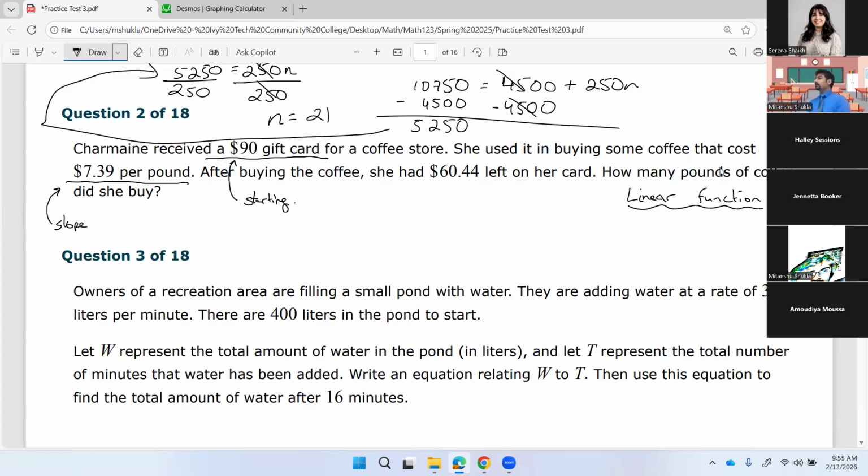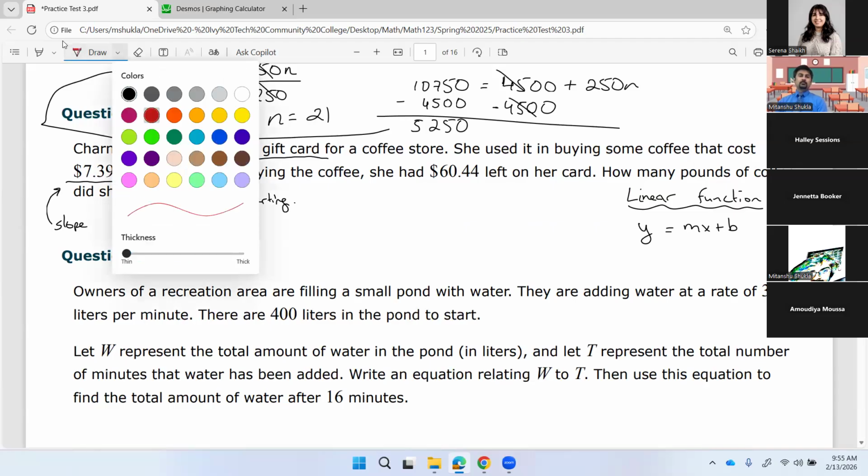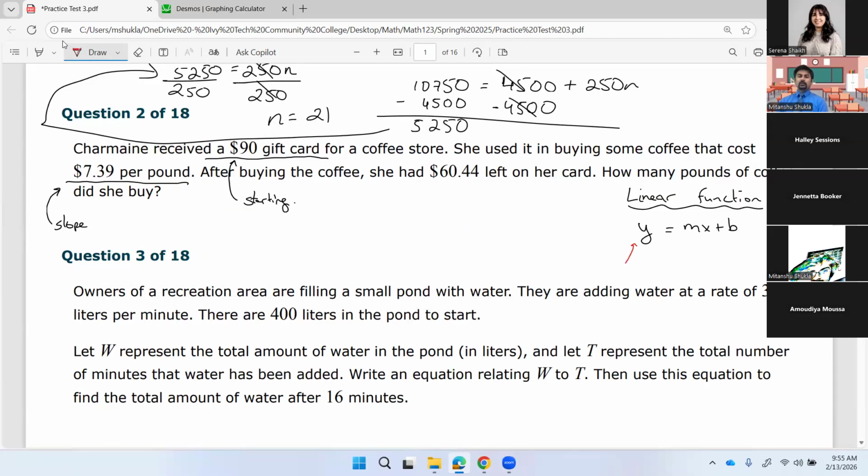Every single linear function looks like y equals mx plus b, where y is some final amount, m is my rate of change or my slope, x is representative of some independent variable, and b is for beginning, whatever number I'm starting out with.